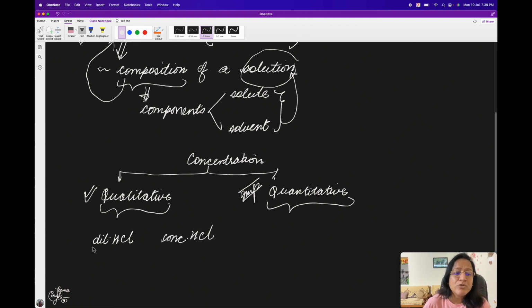The teacher tells you that dilute HCl has less acid and more water, whereas concentrated has more acid and less water and is more dangerous. So dilute and concentrated only tell you that one has more solute and the other has less solute, but how much more or how much less, the quantitative explanation is not told.